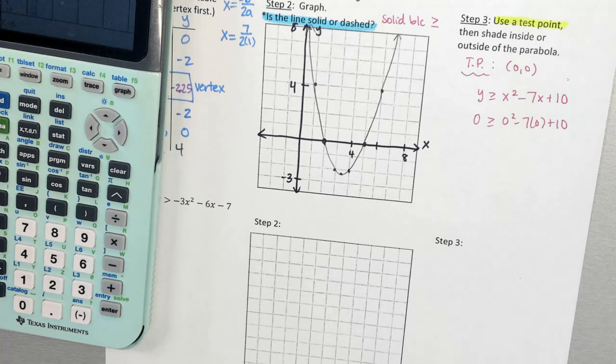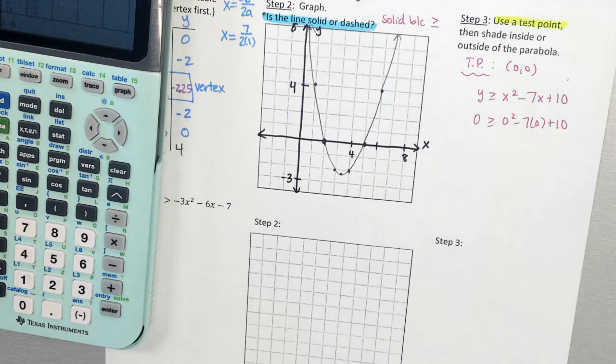Yep, and write down your paper for me. And then we're going to assess what we have to shade. So what region we have to shade in. Okay, so you have 0 is greater than or equal to 10.